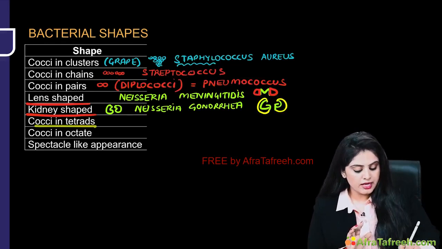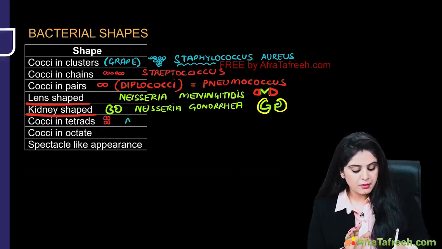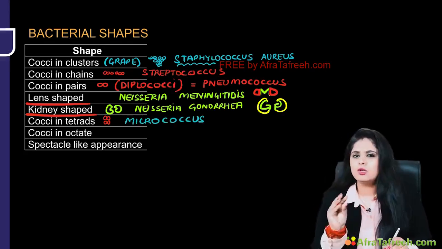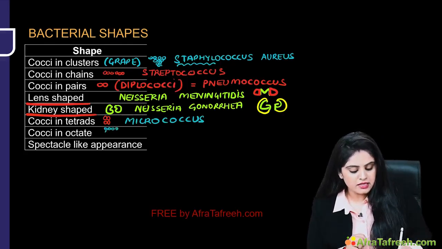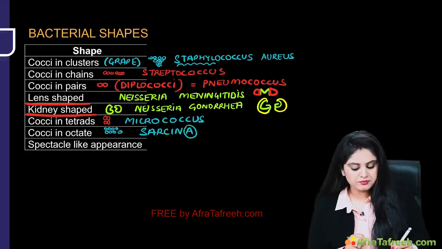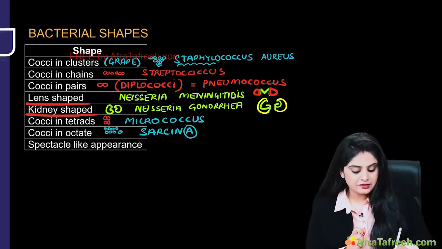Now coming to cocci in tetrads, 1, 2, 3, 4, and that is going to be micrococcus. Micrococcus is going to be in a micro cluster of 4. Whereas if there is a cluster of 8, octate, that is known as Sarcina. Remember, Sarcina ends with A, so Sarcina is going to be 8, or you can learn that the S of Sarcina is converted into 8.